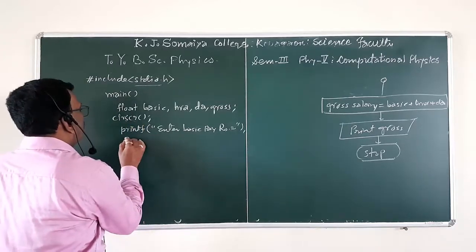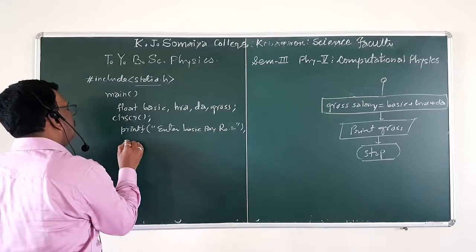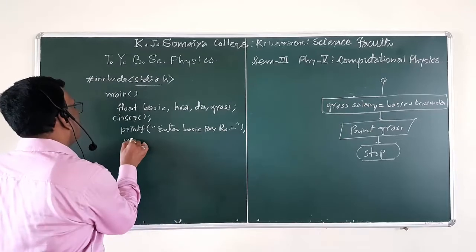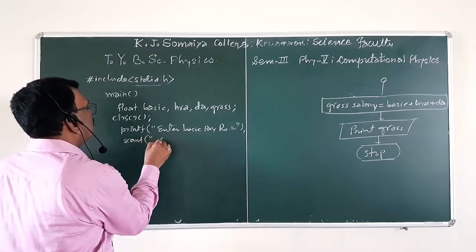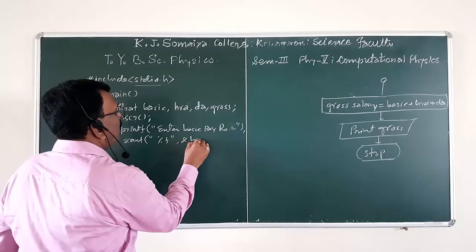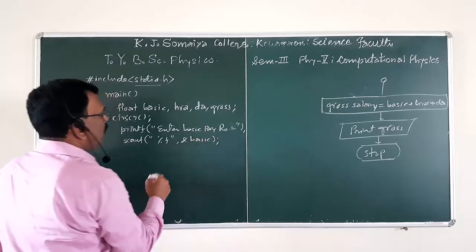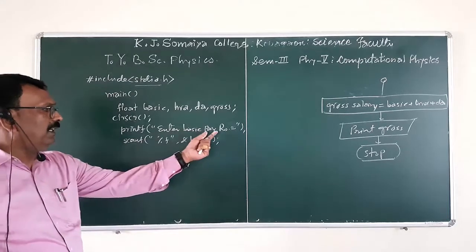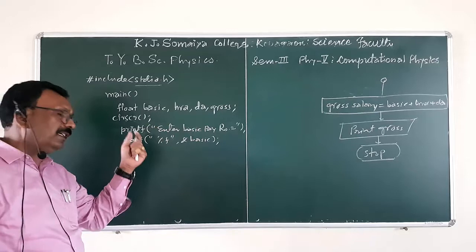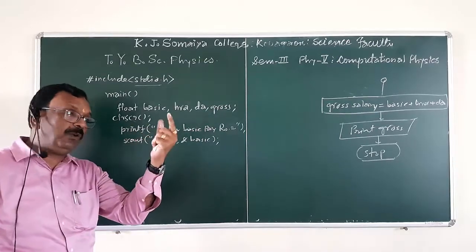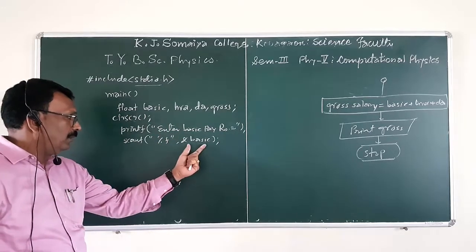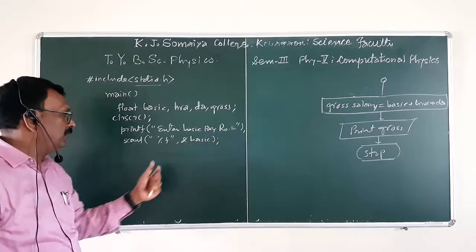Therefore, the computer should read the input which is supplied by the user. For that purpose, scanf %f ampersand basic. When the user enters the basic through the keyboard, that input is stored in a memory location, and this statement reads that basic with the help of this address.